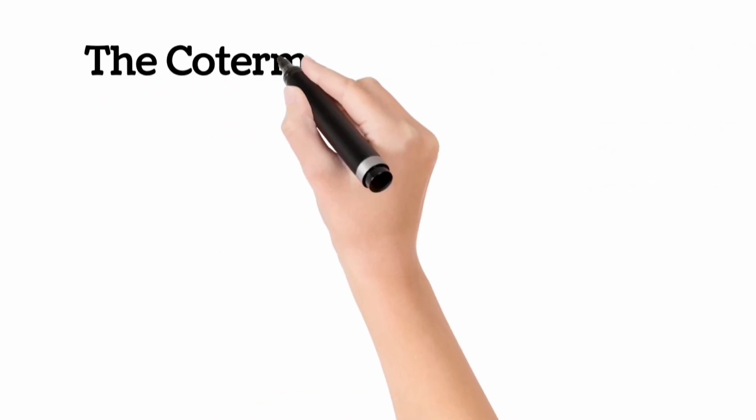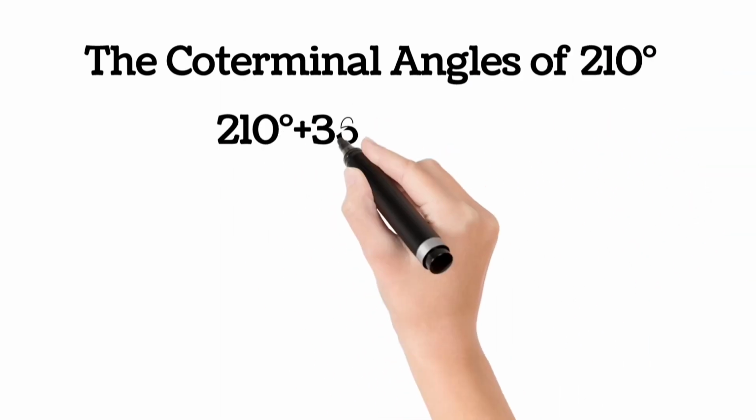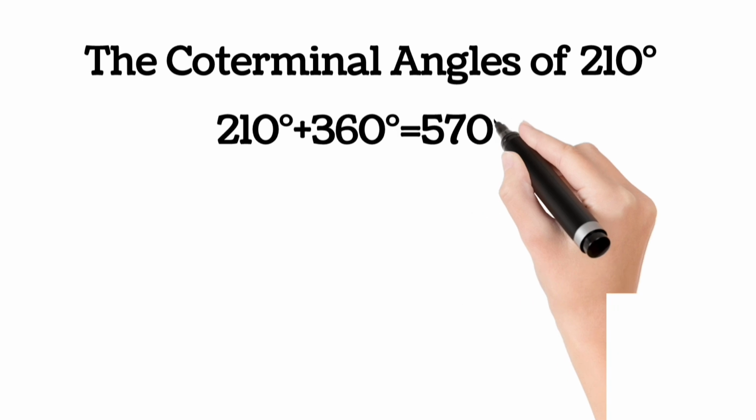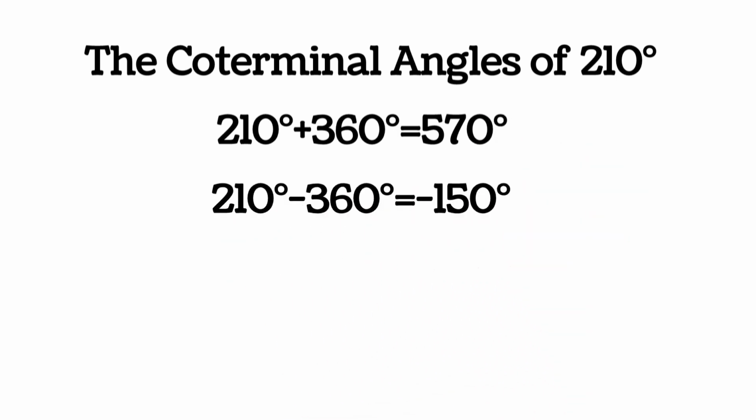The coterminal angles of 210 degrees are 210 degrees plus 360 degrees equals 570 degrees, and 210 degrees minus 360 degrees equals negative 150 degrees.